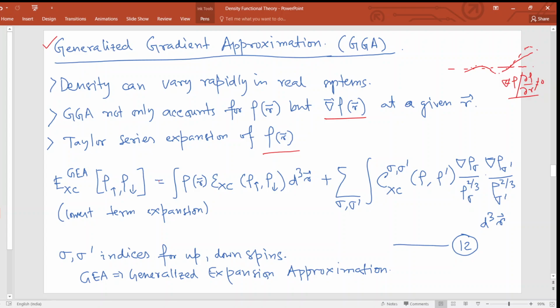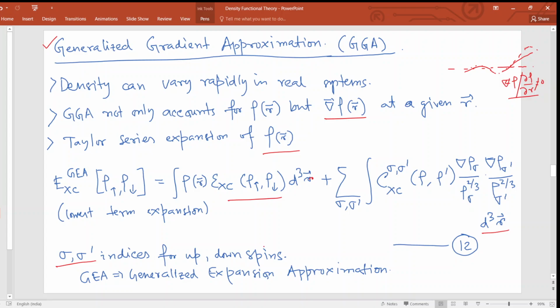And here also, if you take into account the spin part, then you can define this exchange correlation functional as a function of rho up and rho down. This is GEA, the generalized expansion approximation, because you are approximating through a Taylor series. So this exchange correlation energy will be the integral of rho(r) epsilon_xc, which is a function of rho up and rho down, over dr, plus the sum over sigma sigma prime of C_xc sigma sigma prime, which is a function of rho, rho prime, and the gradient of both of these, integrated over dr. Here sigma and sigma prime are indices for up and down spins.